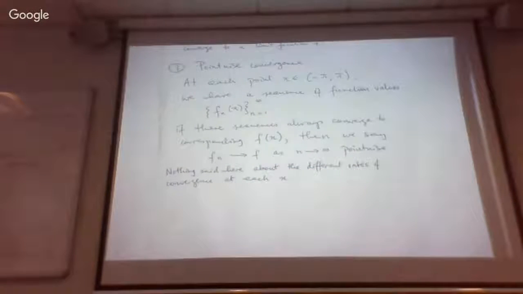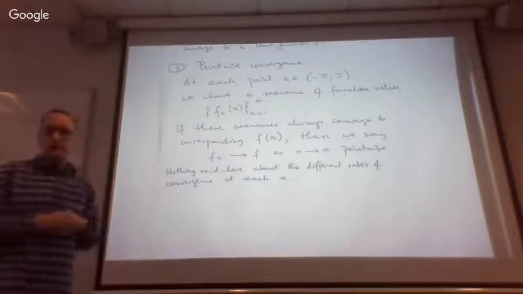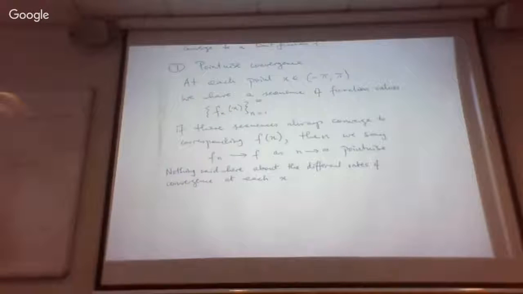They may be all converging rapidly at the same rate, or you may have all sorts of different behavior going on. Okay? But pointwise convergence does not make any reference to that. All it asks is that you look at each point, and you've got a convergent sequence of function values. It doesn't refer to how the rates go.